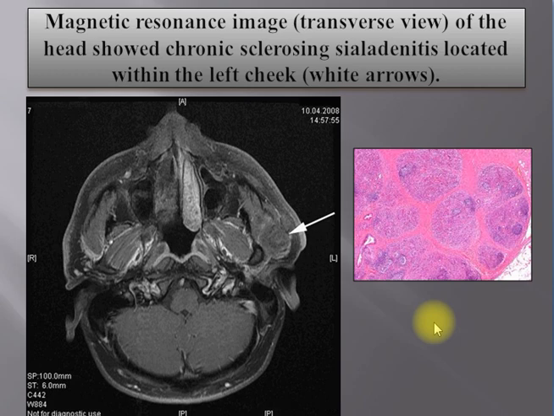Possible differential diagnosis of this entity includes other benign inflammatory lesions of salivary glands, such as simple chronic sialadenitis, granulomatous sialadenitis, necrotizing sialometaplasia, radiation effects, inflammatory pseudotumor and benign lymphoepithelial lesions.